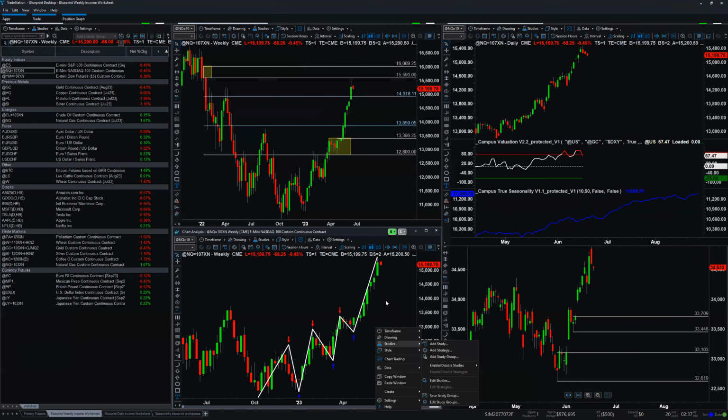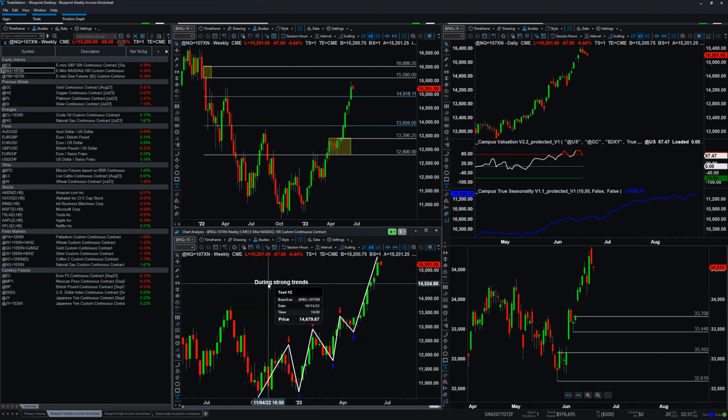So during strong trends, we are allowed to act in equilibrium. Okay, and as an act, buy or sell. In this case, it's an uptrend. So anyways, I only want to buy. I don't want to sell.